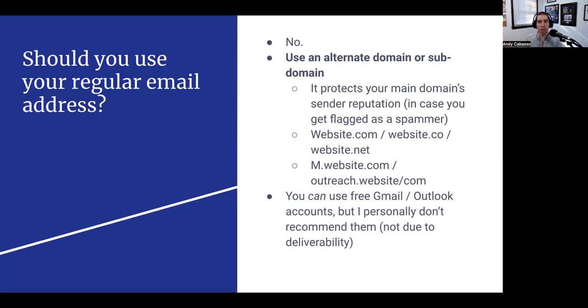I'm on the receiving end of a lot of cold emails, as I'm sure many of you are as well. And I get cold emails from random names at Gmail every day, or random name at Outlook.